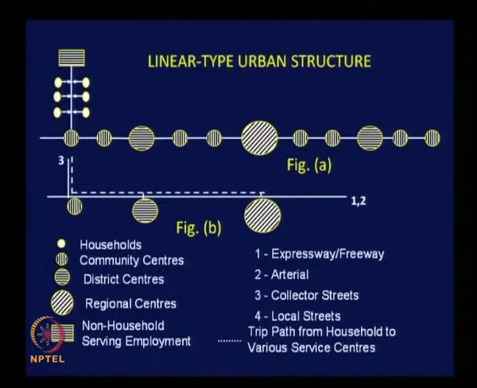Any suggestion? Providing type 1 and type 2 roads along the same corridor means you are going to provide a high speed facility as well as arterial type of road side by side on the same corridor. Is it possible? It should be made possible, right.